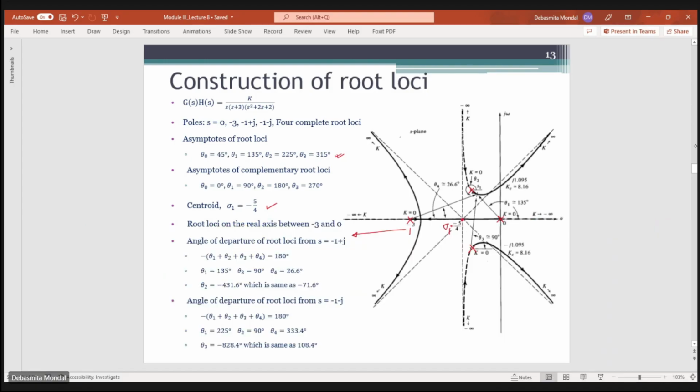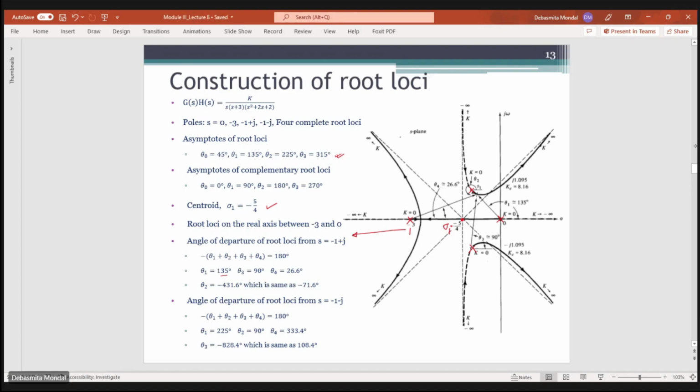This phasor angle will be tan inverse of the imaginary part by the real part. Similarly you can find out the angles these vectors make with the point S1. So theta 1 is equal to 135 degrees, theta 3 is equal to 90 degrees, and theta 4 is equal to 26.6 degrees. And what we need to know is the angle from this S to S1.